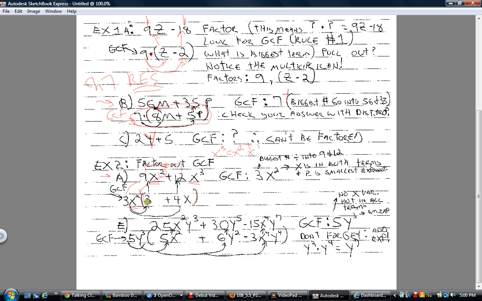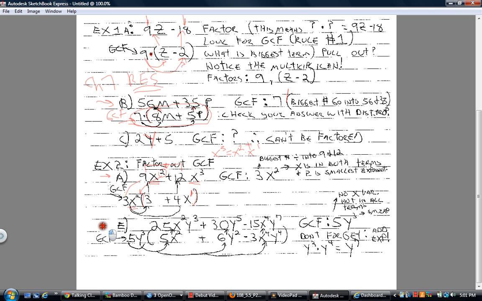Answer 3. 3 times 3, 9x squared. 3x squared times what gives you 12x to the third? Now watch this. 3 times 4 is 12. x squared times x to the first. When you multiply by the same base, I just said it, add the exponents. 1 plus 2 is 3. Okay, so you're probably getting the idea. These are examples of reverse distributive property.